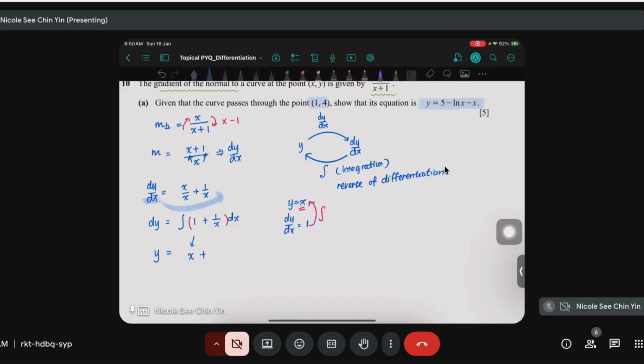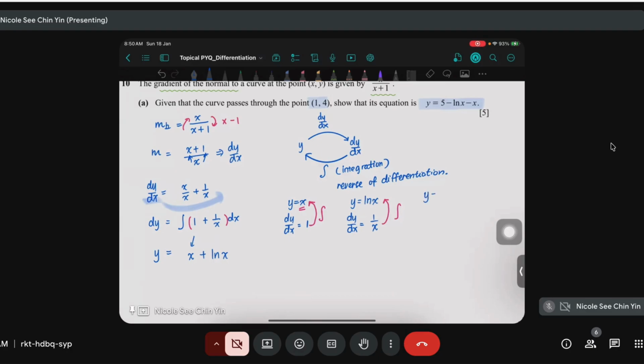Now, next one. If my y equals ln x, my dy/dx is 1 over x. Correct or not? So if I integrate my 1 over x, it is the reverse of differentiation, so it becomes ln x. One more.